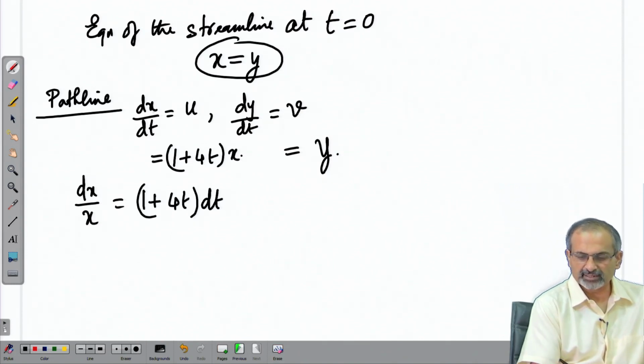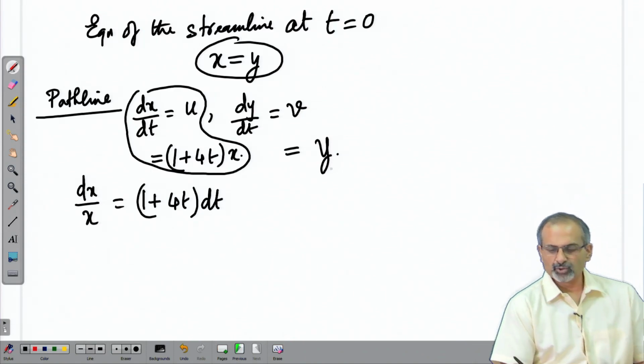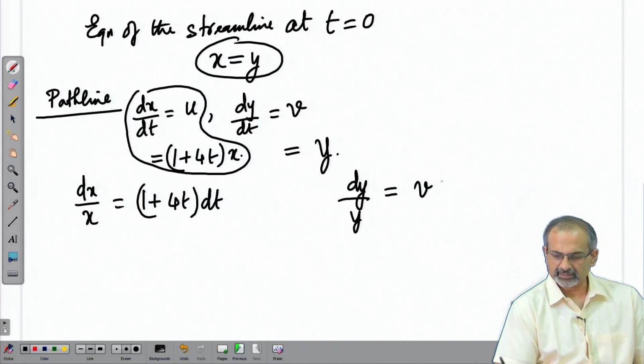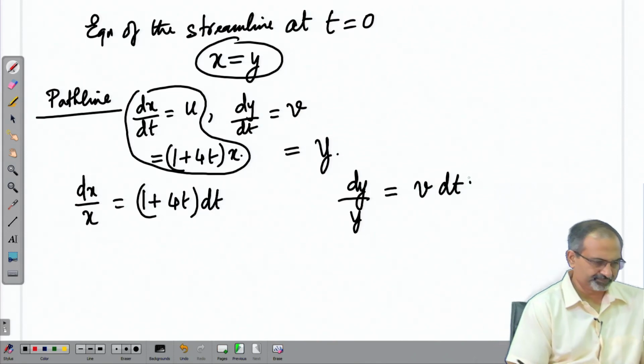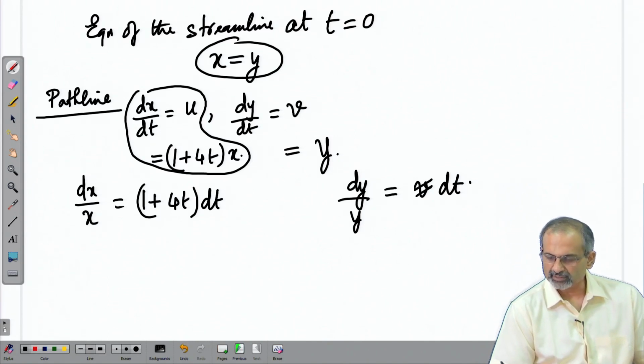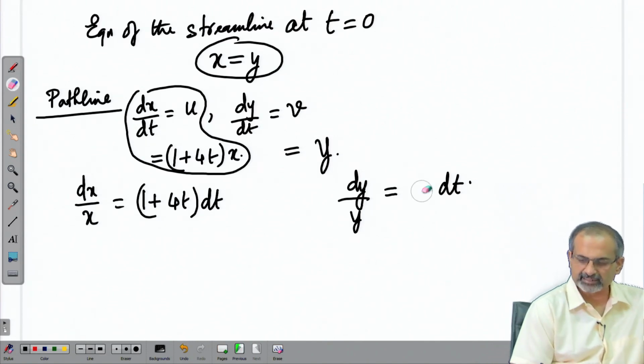This is how you rearrange this part. How do you rearrange the other part, the v component? You do dy by y equals dt. Sorry, there is no v over here, so let us cancel it. So, that is just dt.